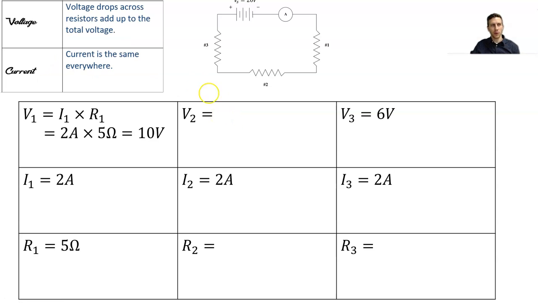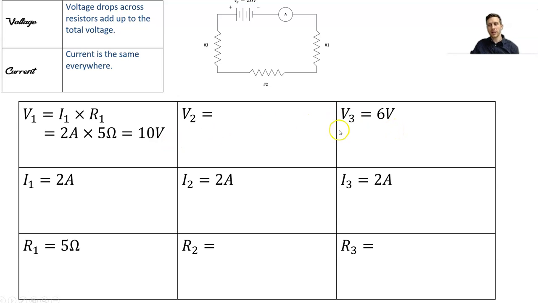But we do know the rule for voltage. In a series circuit, these voltages have to add up to the total voltage of 20 volts. So that means V1 plus V2 plus V3 should add up to 20 volts.